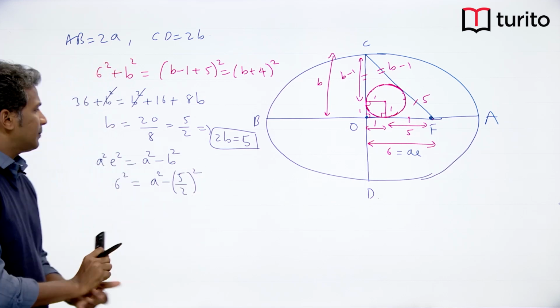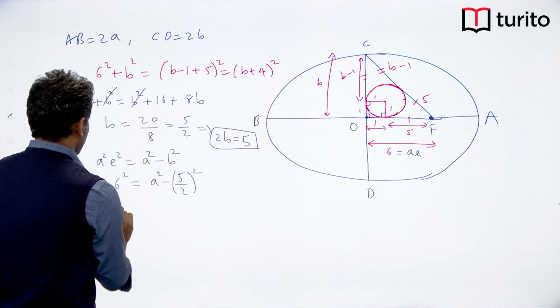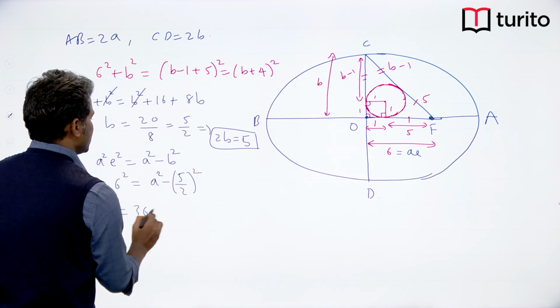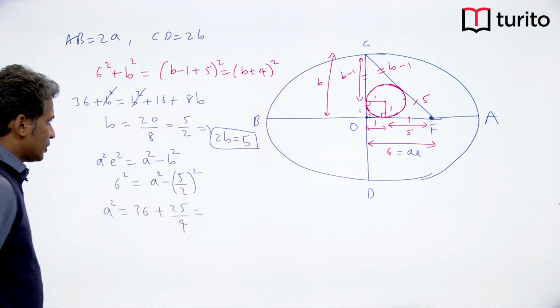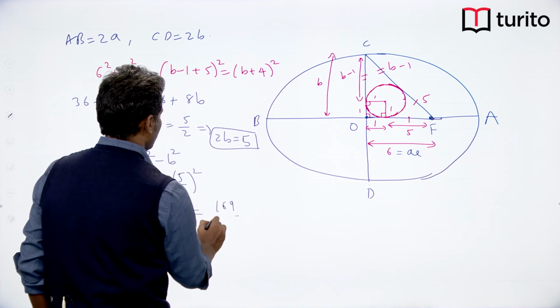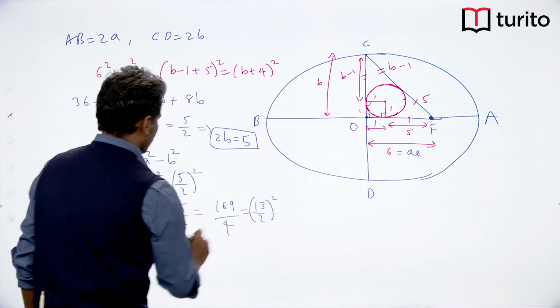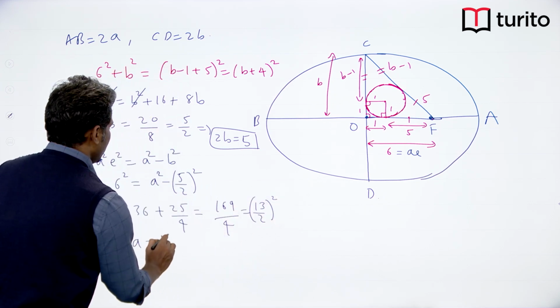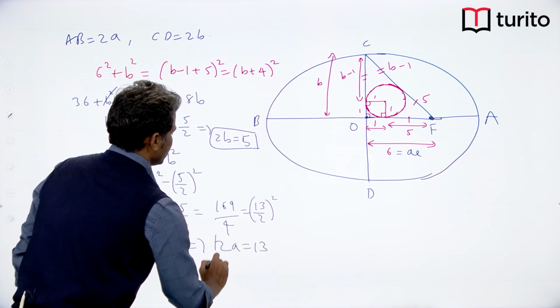Okay, this is all fine. So A square can be directly calculated from here. A square is going to be 36 plus 25 by 4. Now 36 into 4 is 144 plus 25 is 169 by 4, which is the same as 13 by 2 whole square. So from here I get A equal to 13 by 2, which means 2A is equal to 13.